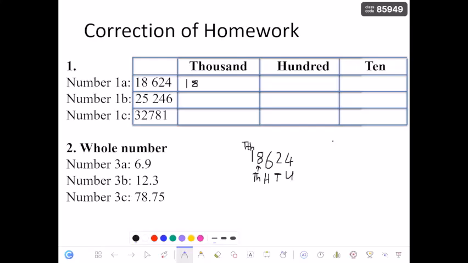So you check your approximation scale we did in class. Let me just make a sketch of the scale. We said when you have a number ranging from 5 to 9, which is 5, 6, 7, 8, and 9, you round up, that is, you add 1.